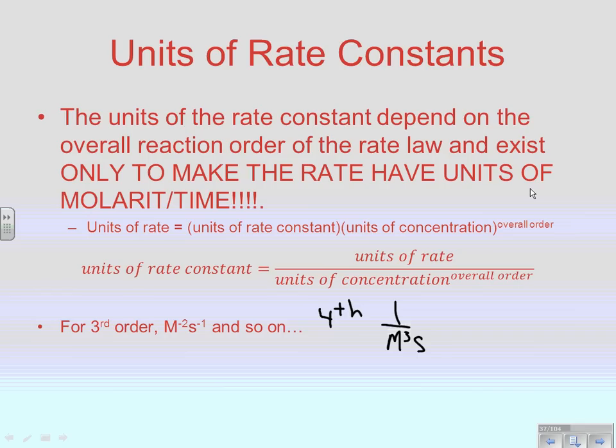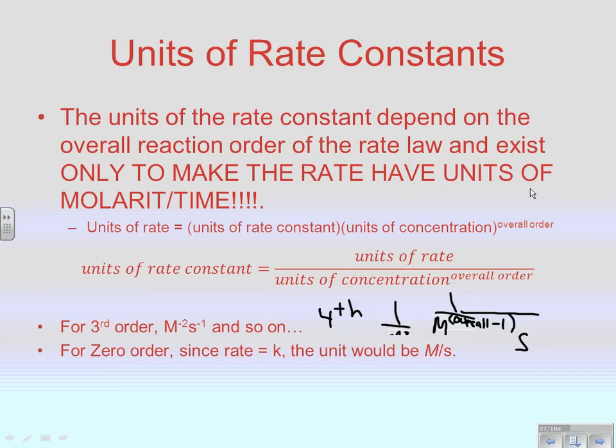So a simple way to look at this is it's 1 over the molarity raised to, and here's where you have to look at the overall order, overall order minus 1, times seconds. All that's going to be on the bottom. So if you know the overall order, you can quickly see what your units are going to be.